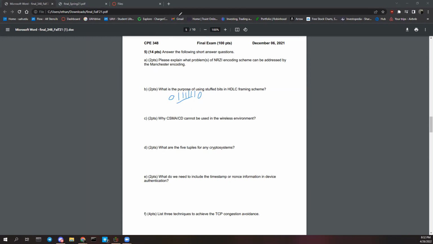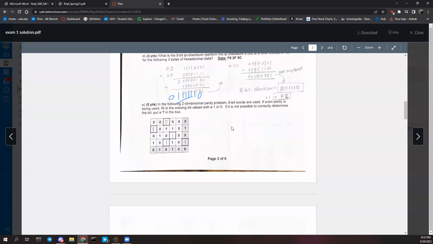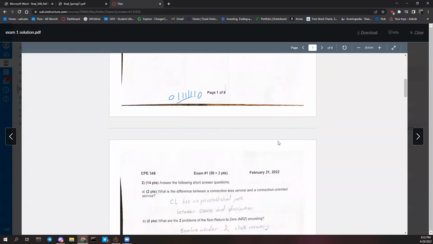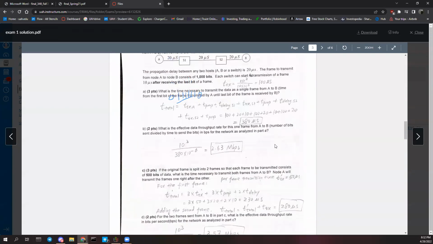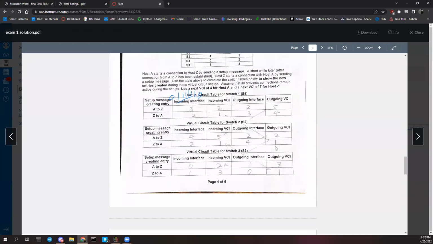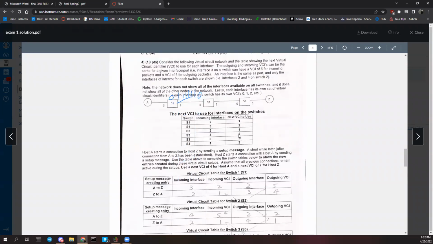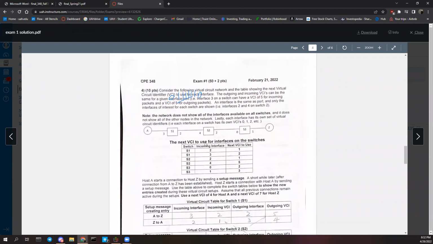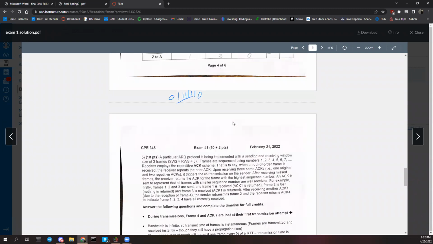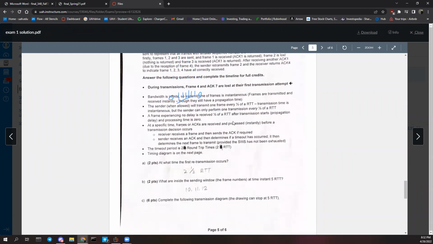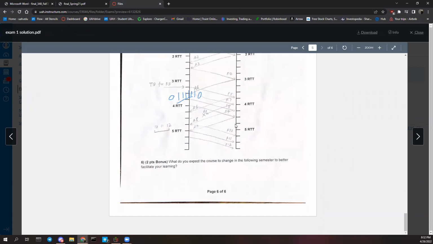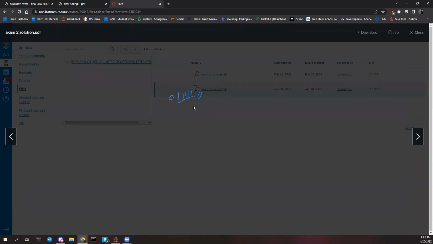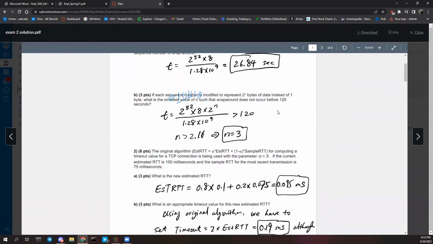But I'm sure if I were to click back here, we had bit stuffing somewhere. If not here, it was in exam 2. No bit stuffing. If there's not a VCI question on the exam that we're going through, I'm going to go back to this exam and go over that. VCI is big. No, okay. So exam 2 is where bit stuffing was. I know we did it on an exam.